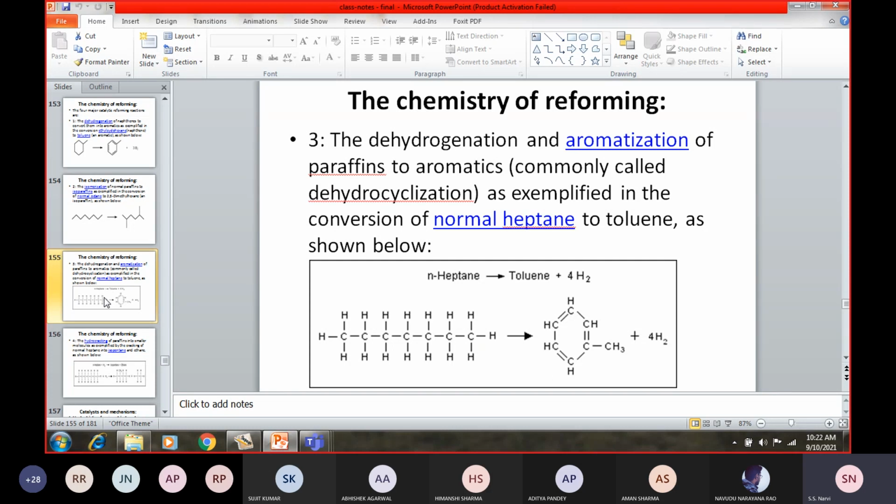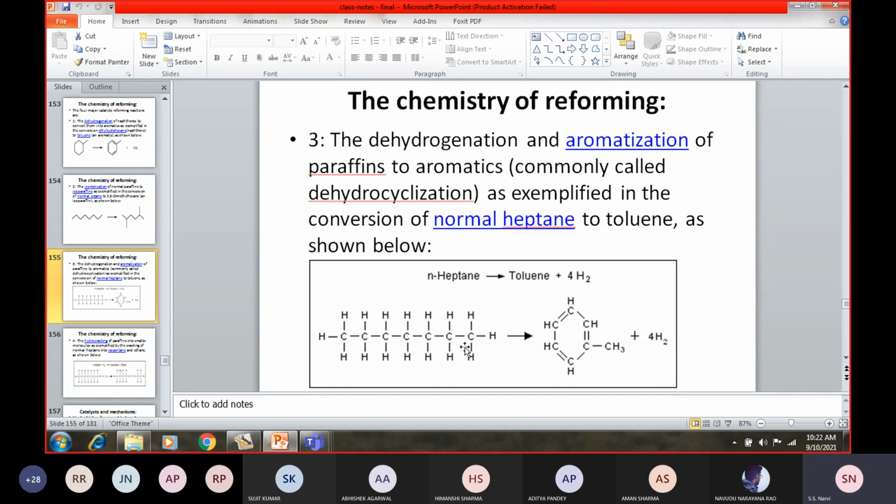Then you have dehydrocyclization, where hydrogen is removed from either side and it gets converted into a cyclic structure, and hydrogen is liberated. So this one, normal heptane, 1, 2, 3, 4, 5, 6, 7, has octane number 0.